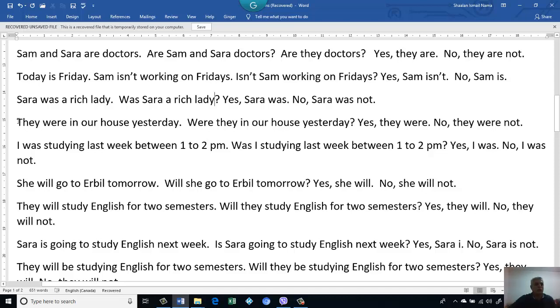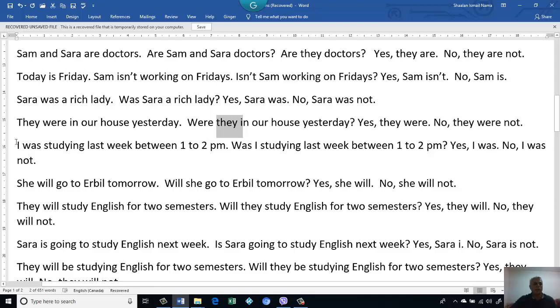If you go to the sentence, they were in our house yesterday. Then we're going to put the auxiliary verb were in front of the subject here. Then we're going to say, were they in our house yesterday? Yes, they were, or no, they were not.